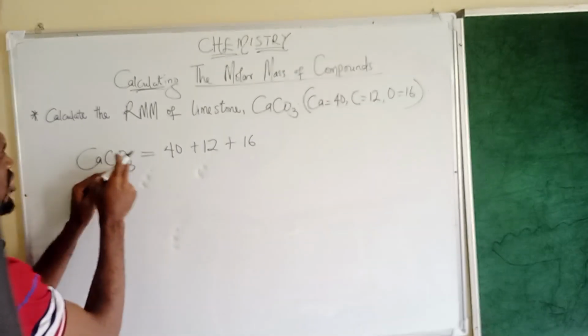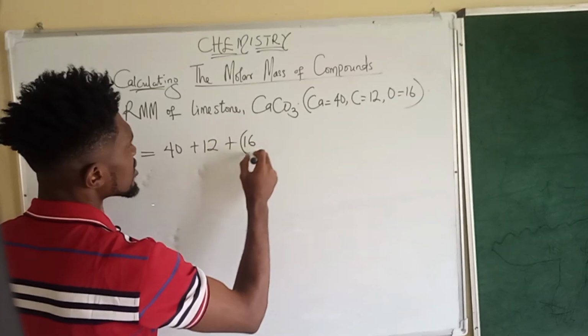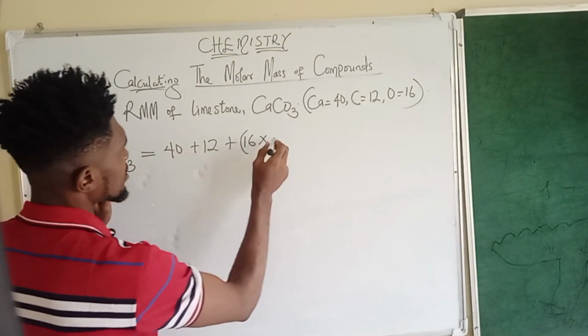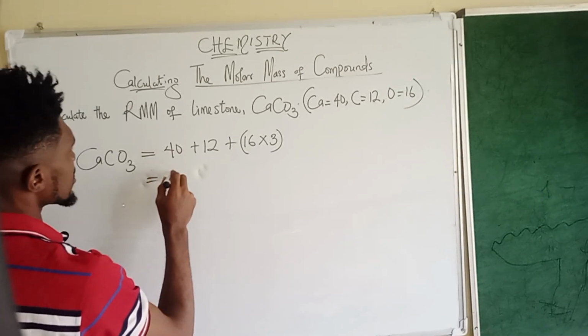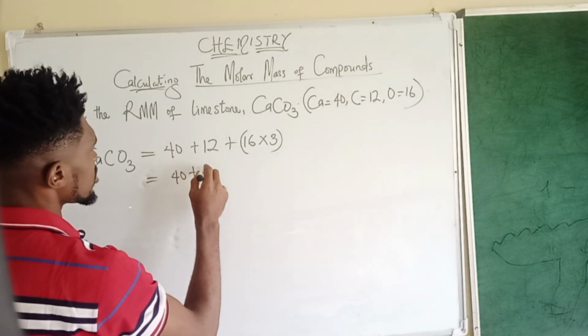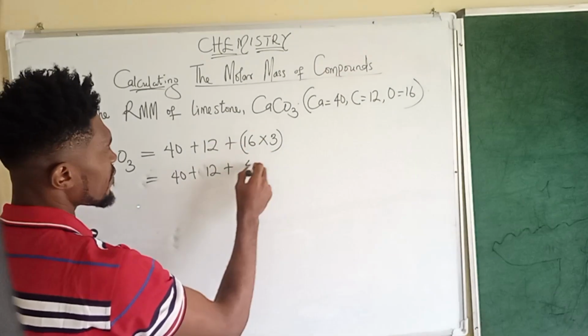But then we have 3 atoms of oxygen here, so we say 16 times 3. So we have 40 plus 12 plus 16 times 3, which is 48.